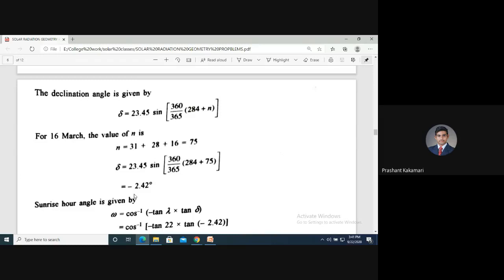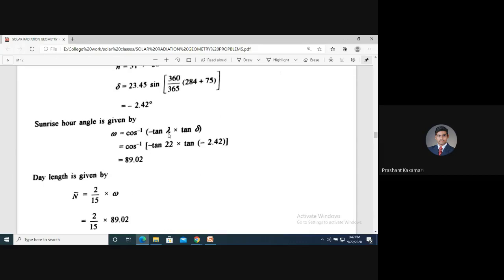By that you can understand the procedure or the steps. Some may ask why you are going for declination first, why not hour angle first. It goes by whichever unknown value is easy for finding the first answer. In this example, we can easily find the declination angle first, then we can go for the hour angle.